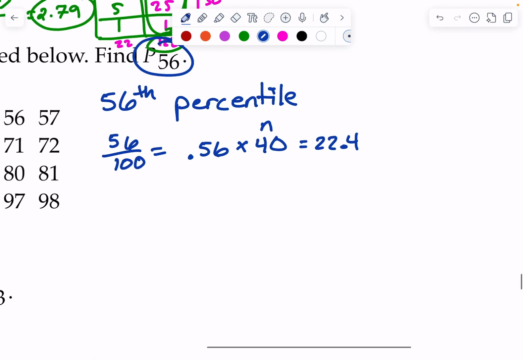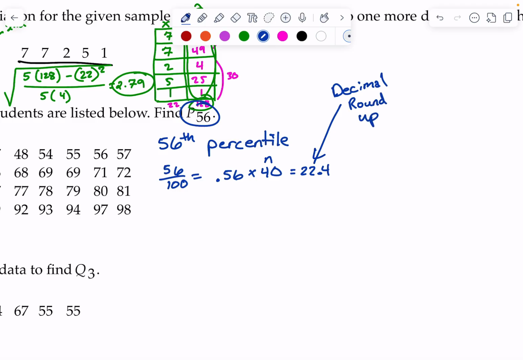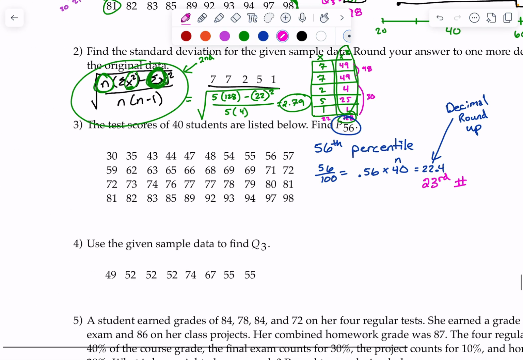Because this is a decimal, you round up. So 22.4 is going to round up to the 23rd number. The 23rd number in my data set, counting 20, 21, 22, 23, is 74. That is the number I want.